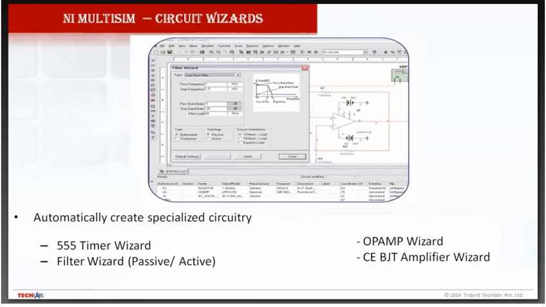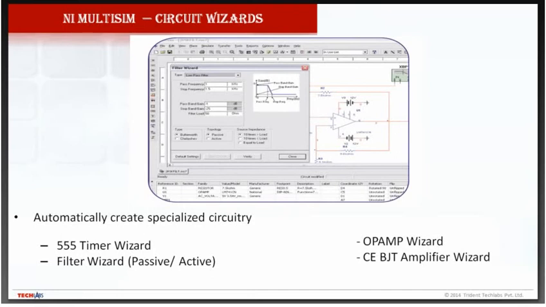What a circuit wizard. Mostly from the library we can drag and drop and create our new design, but this also introduces some features, like automatically it can create our circuit, like a 555 timer, some filters like passive and active filters, op amps, and BJT amplifiers, whether class A, class B, or class C amplifier.